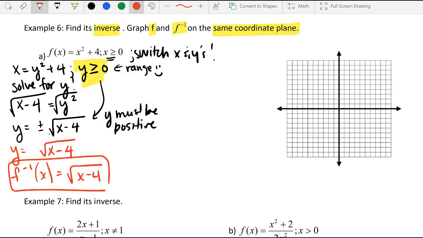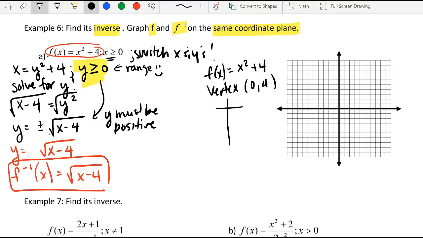Now let's graph it out on the same coordinate plane. First we will graph the original one with black. I should say f of x, so let me erase. It's the same, but I'm just going to keep it consistent with the original. f of x equals x squared plus 4. You have a vertex at 0, 4, or you can make a table.